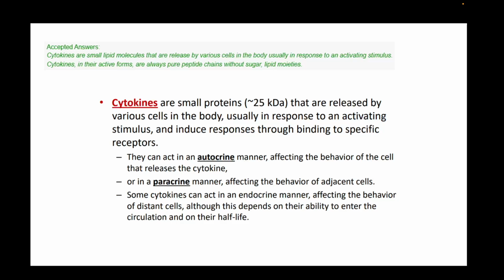There are many cytokines, especially in the interleukin and interferon families, which are glycosylated, and modifications can influence their biological activity and half-life. So these two options will be the incorrect options among the statements for the cytokines.